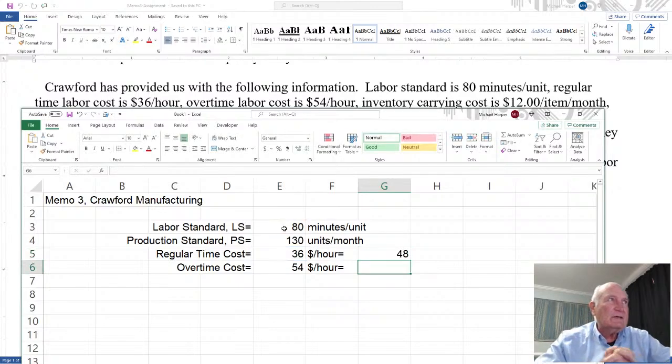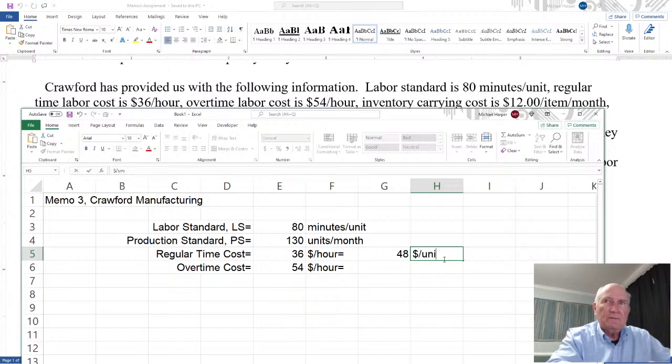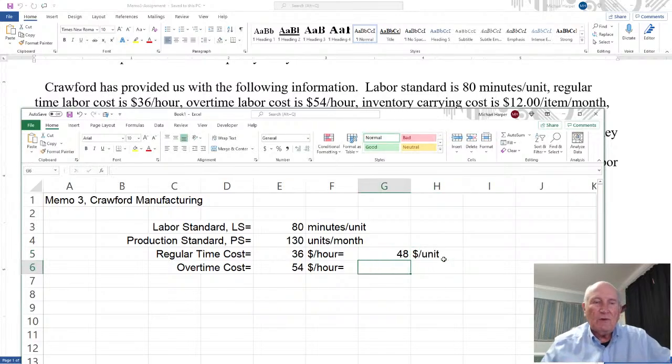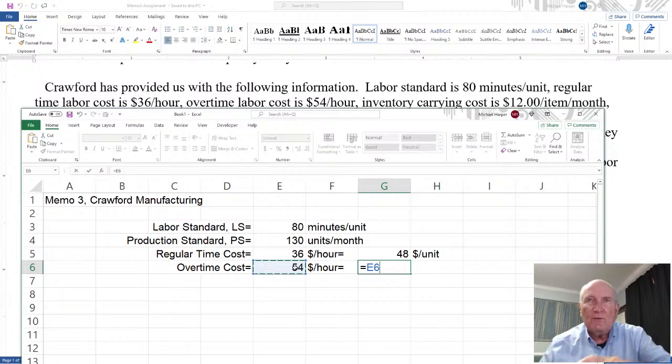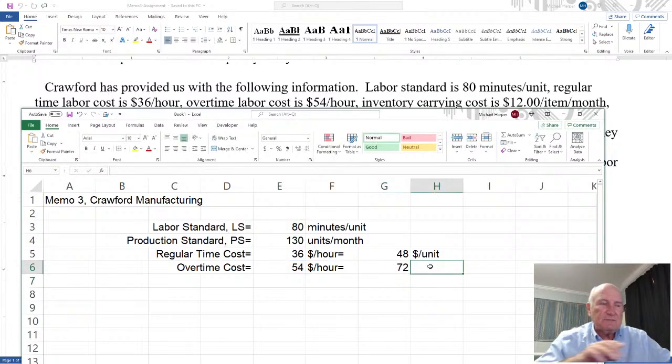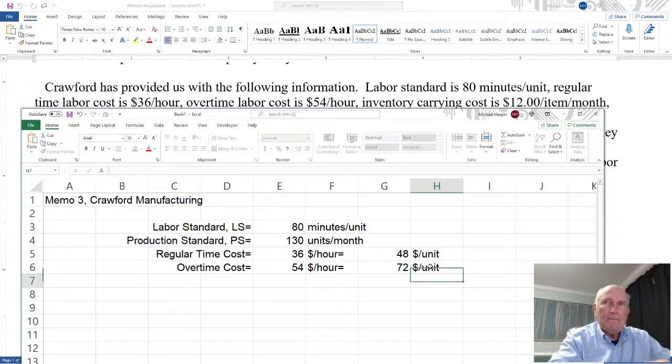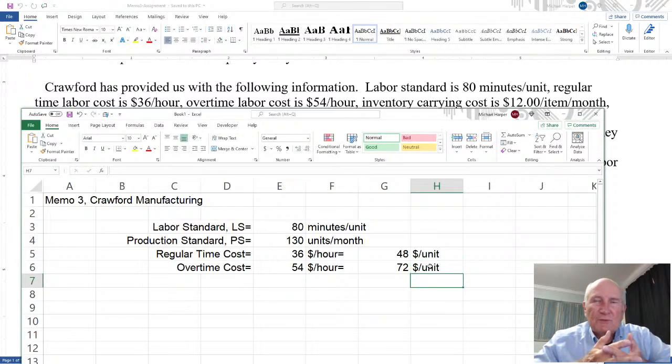That's going to be $48 per unit. Likewise here, 54 times 80 divided by 60 will be $72 per unit. That's what we're going to be using when we do our cost of production.